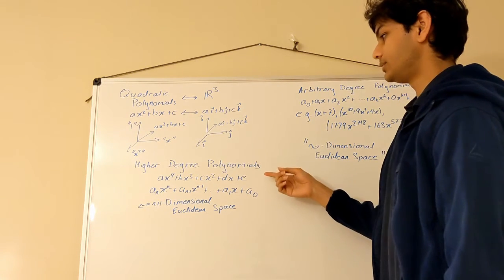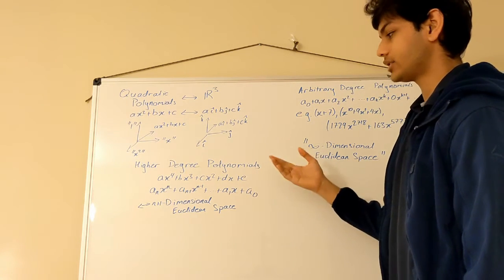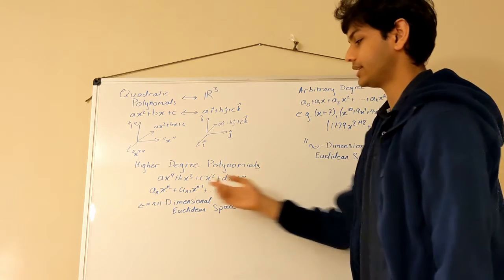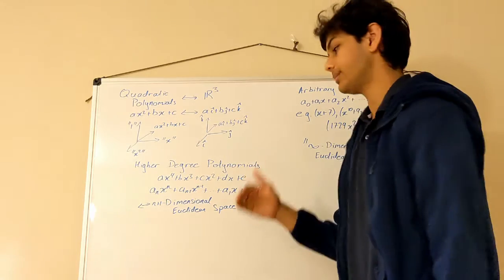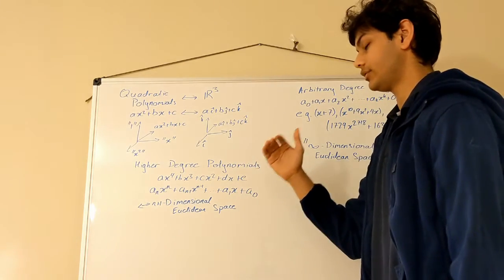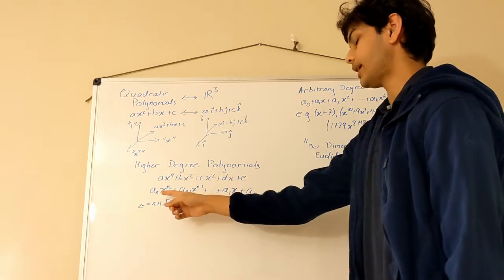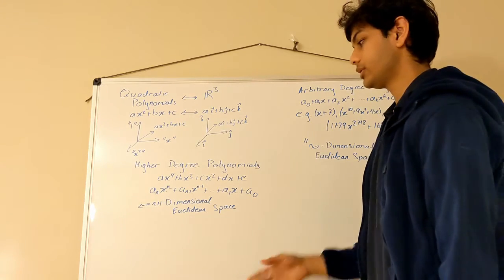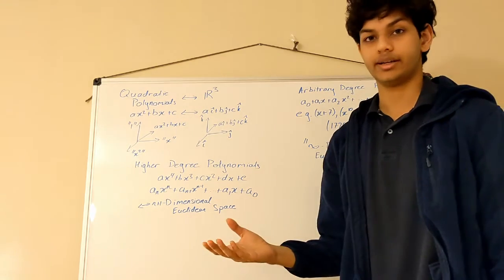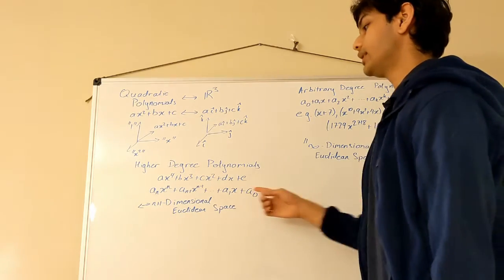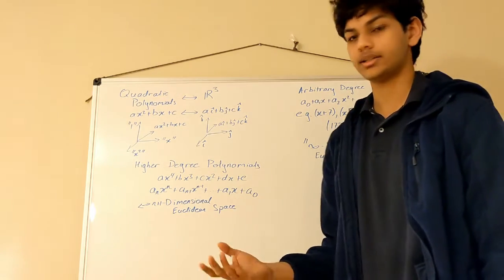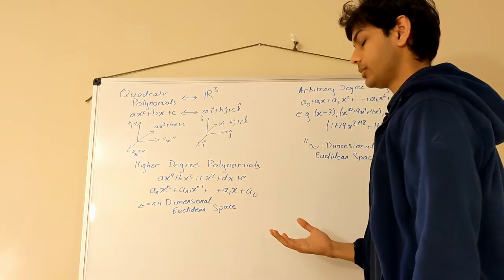But you can not even stop at quartic polynomials. You can keep on going and say, okay, let's just increase this to a finite fixed maximum degree n polynomial. If you add two degree n polynomials, you're still going to get a polynomial of at most degree n. And if you scale a degree n polynomial by some constant, you're still going to get a degree n polynomial.